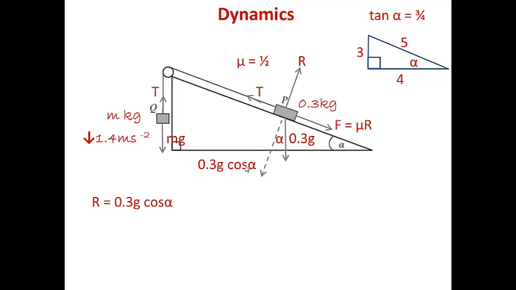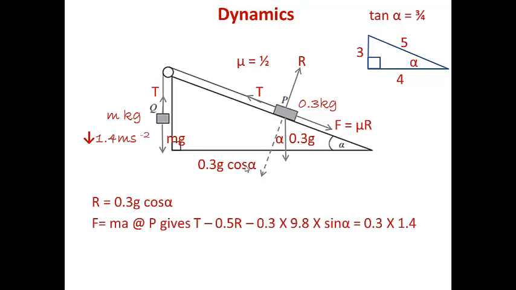And then we apply F equals ma along the plane for P and vertically for Q. So for P, the net force acting on the particle P up the plane is T minus 0.5, which is the coefficient of friction, times R, minus 0.3 times 9.8, which is G, times sine alpha. And that's going to equal the mass times acceleration. So it equals the mass, 0.3, times the acceleration of P, which is 1.4.